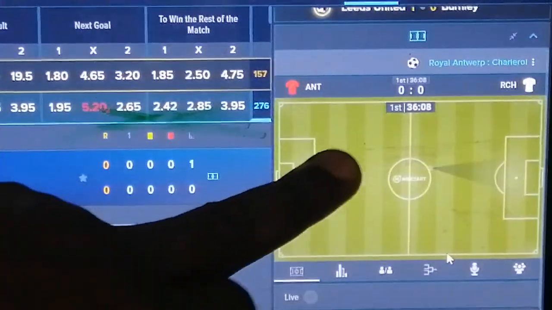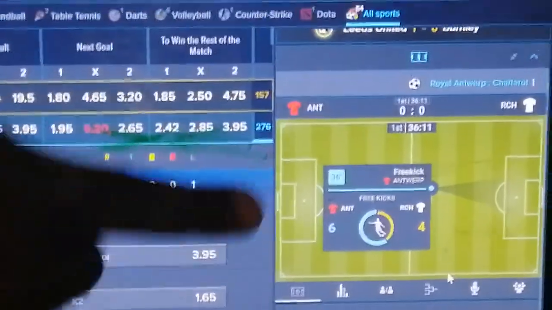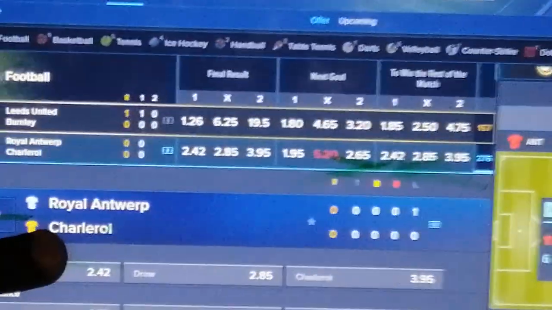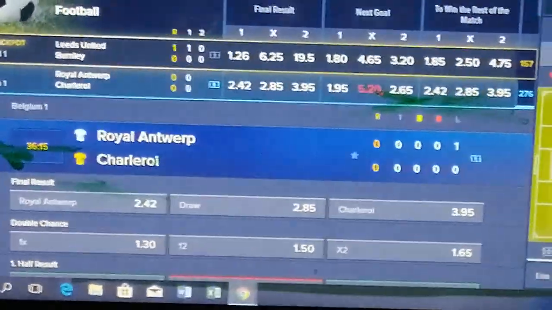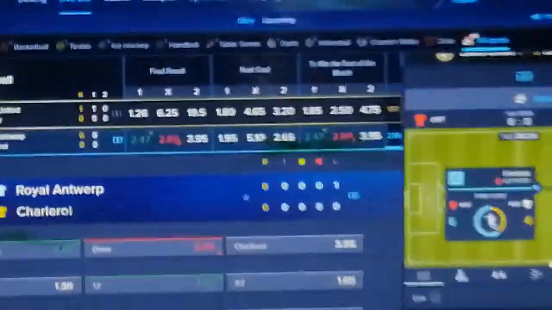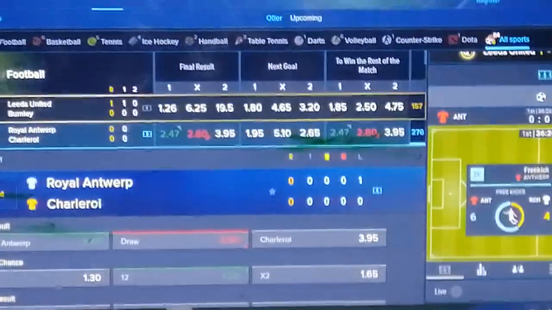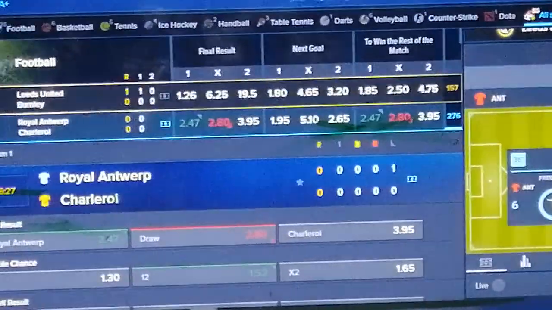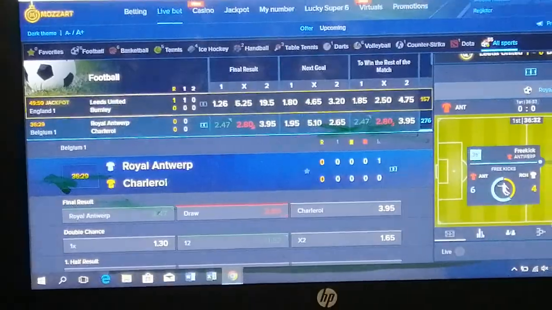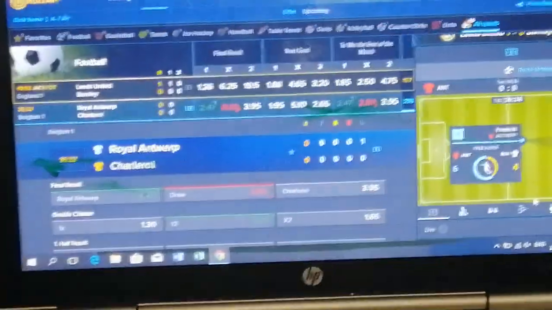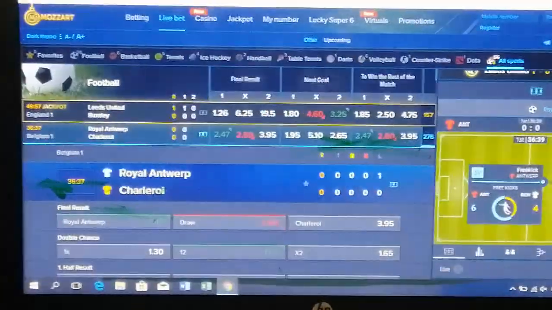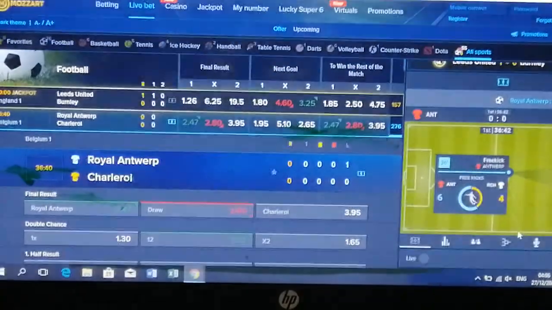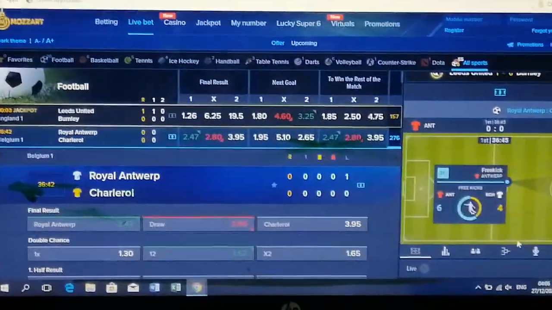And the number of goals will be 0 with the other half. Let's watch. No goal yet.